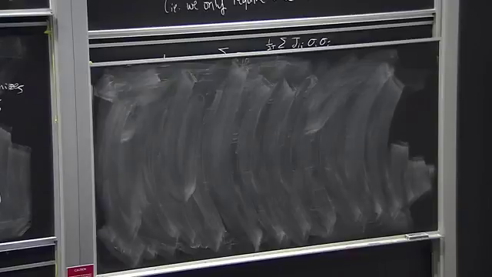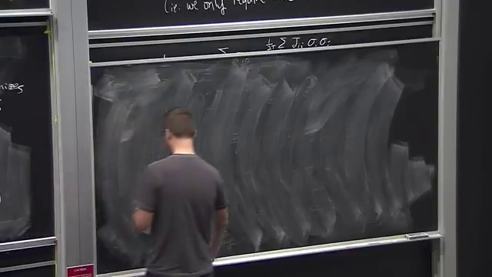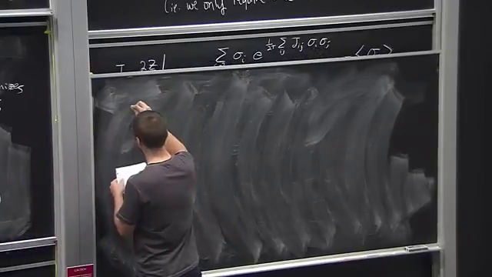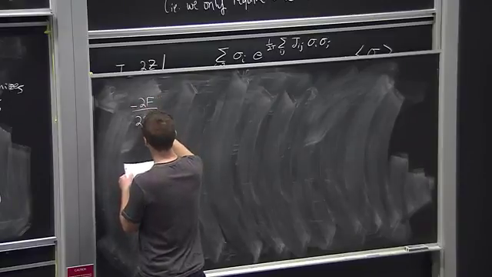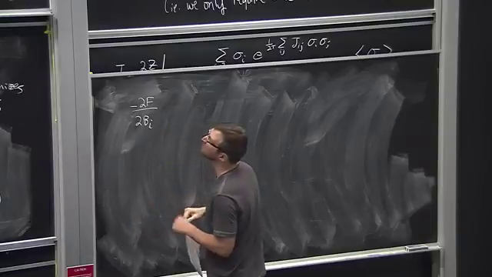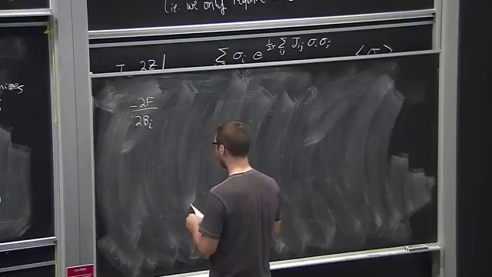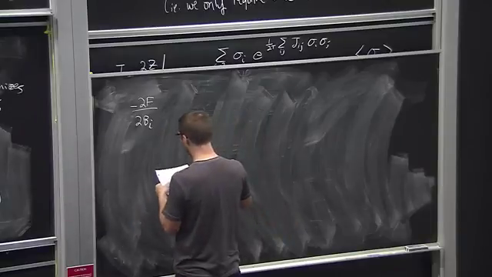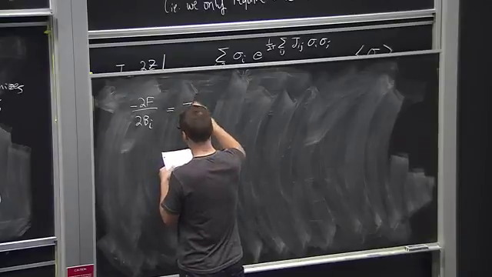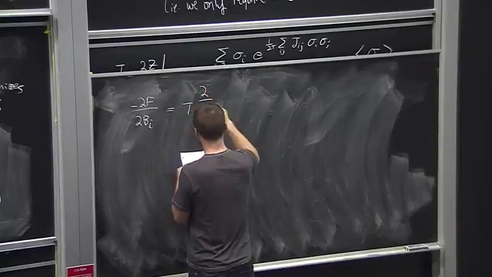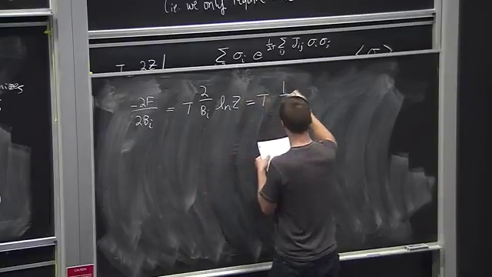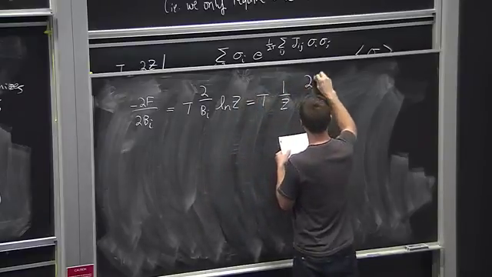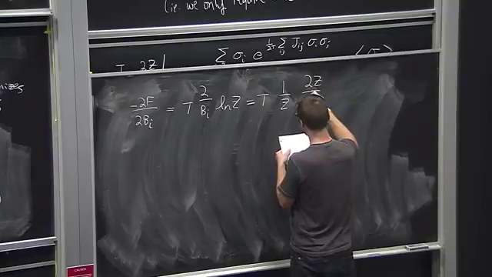So the first one, let me do a minus. So this bad boy should equal T1 over Z. I'm just writing identities that we've already used.